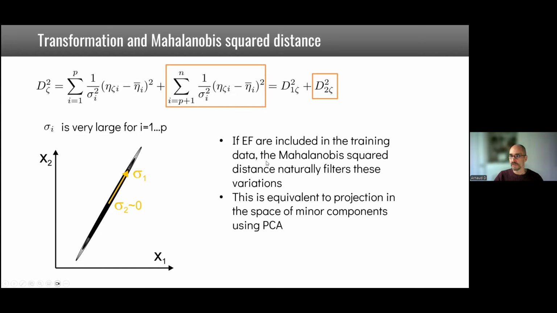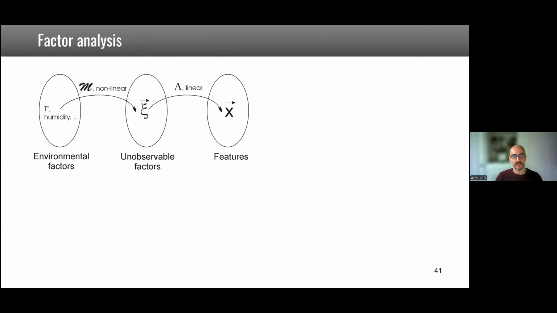Okay, so we are looking at some change of residual orthogonal to the main direction of variation. This is an interpretation in 2D, but if you have a feature vector which is 10 or 20 or 100 dimensional, you have a hyperspace and you cannot represent it, but it's the same idea. You're going to look in the direction orthogonal to the environmental factors.